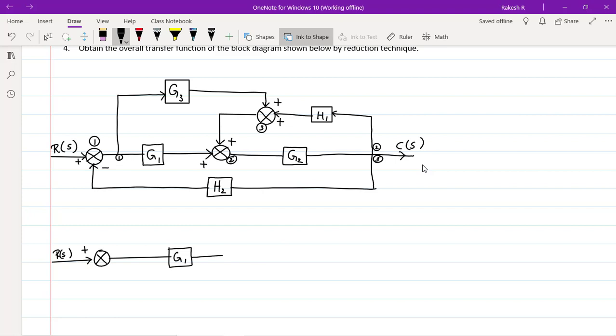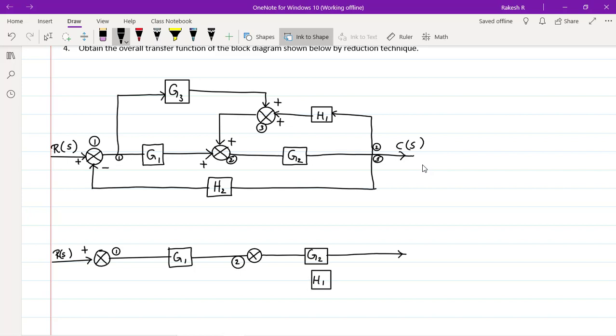We have the summing point 2 here. Then what I have is G2 here. Then the takeoff point 2 here, and this I'll write below. This is H1.